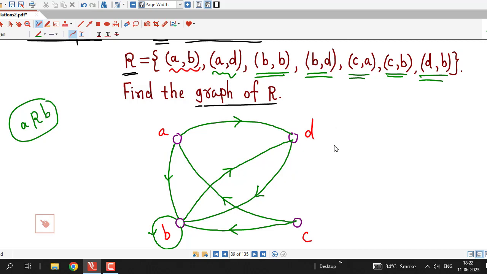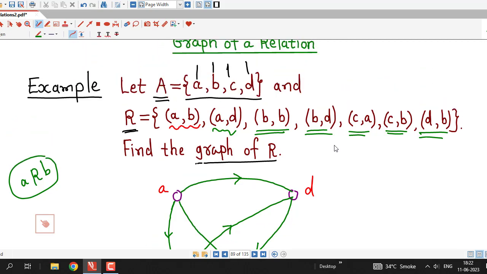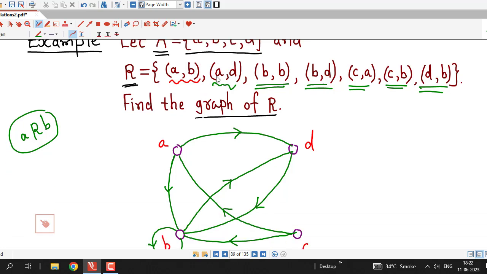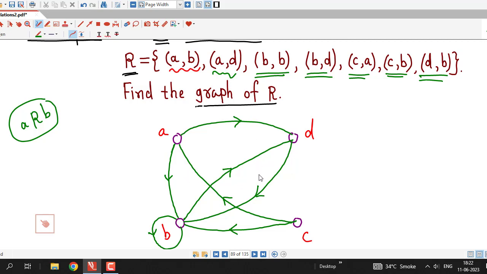So this is the graph of the given relation. It is very easy to draw the graph of a given relation. First we have to represent elements of a given set by this type of circles, and they are called nodes or vertices of the graph. Then for each ordered pair we will have an edge or arc between those 2 nodes.